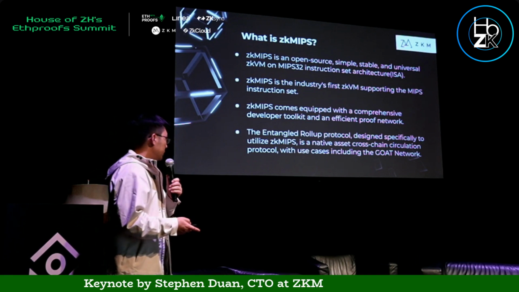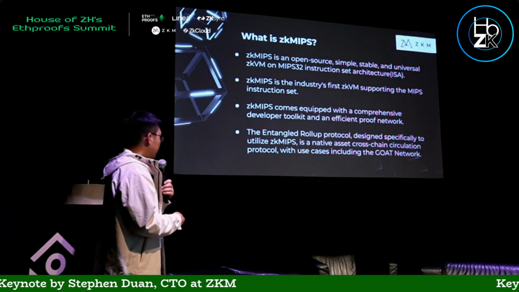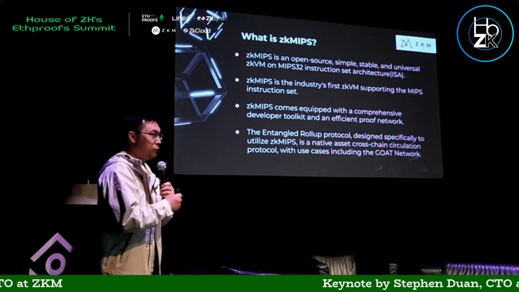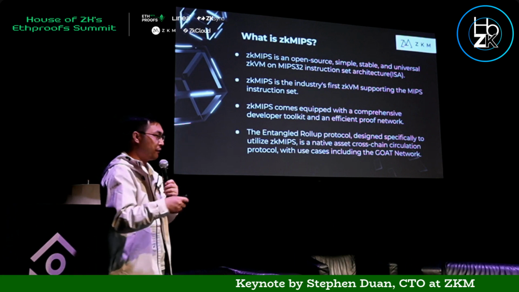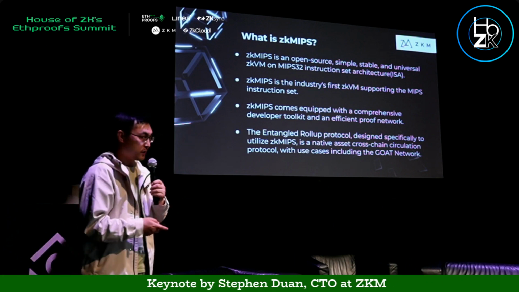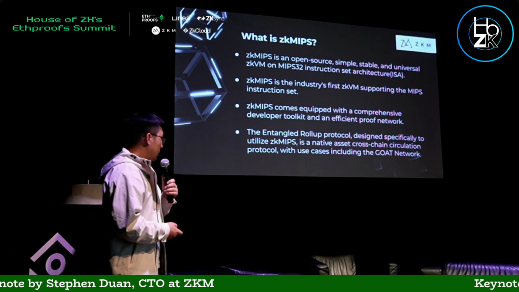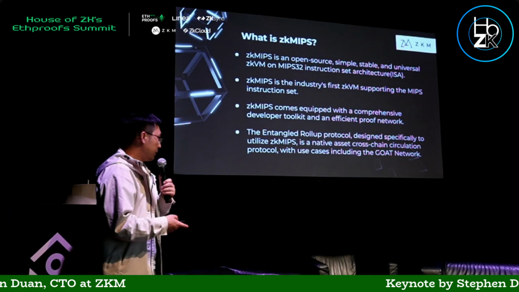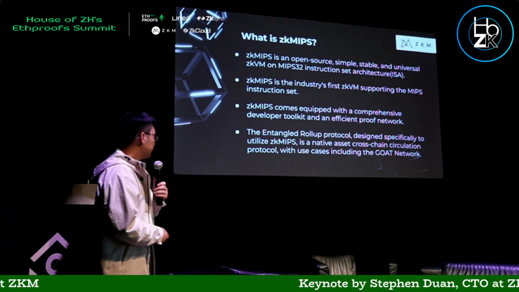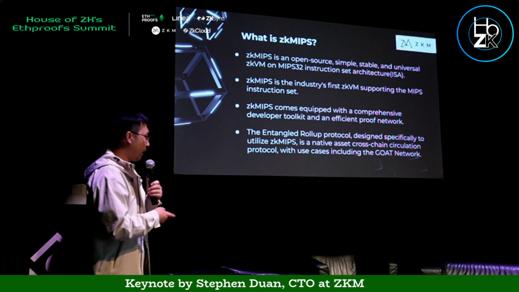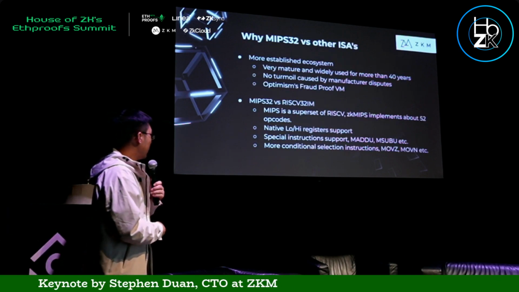And we also have an integral app protocol, which means we can build universal settlement across different blockchain ecosystems with zkMIPS as the infrastructure. A very typical use case is the GOAT Network. I will introduce more about GOAT Network in the last part.